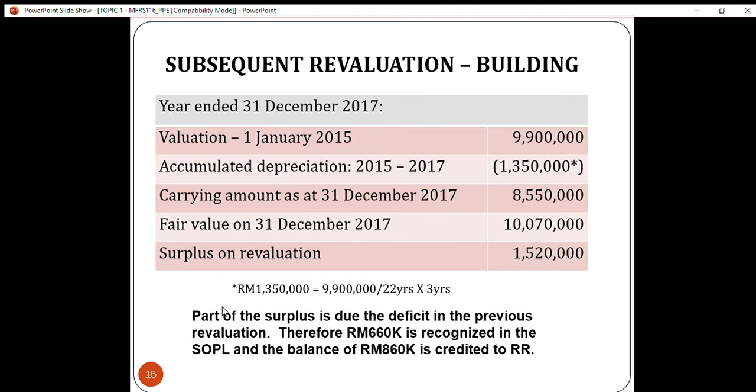So the part of the surplus is due to the deficit in the previous revaluation. Therefore 660,000 is recognized in the SOPOL, and the balance of 860,000 is credited to the revaluation reserve. So the balance, 1,520,000 minus 660,000, will be credited to the revaluation reserve.